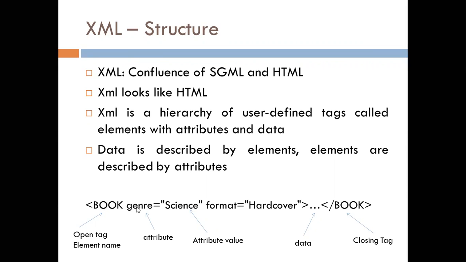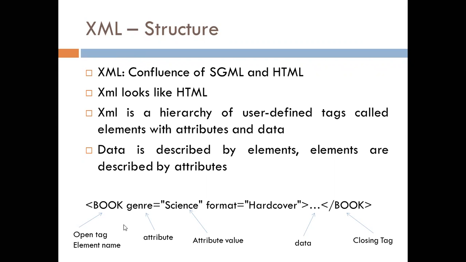See, whatever we write inside the tag, that is genre equal to science and format equal to hardcover. This genre and format are called attributes, and whatever we write in the double quotes or single quotes is the attribute value. This attribute and the database attribute which we have studied are completely different.